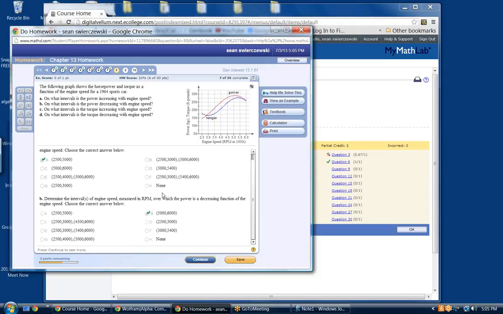On what interval is torque increasing with speed? Let's see, I guess I have to hit continue. Torque is the blue line. So from 3,000 to 5,500. Is that one choice?